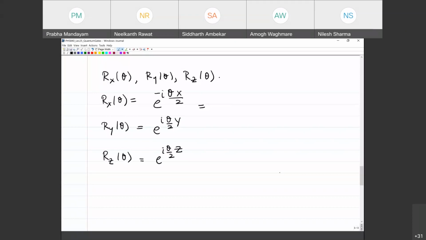Sorry. Let me tell you what this is, and it's up to you to work this out or check this out. This is cos theta by 2 I minus i sine theta by 2 X. Similarly, this is cos theta by 2 I minus i sine theta by 2 Y.